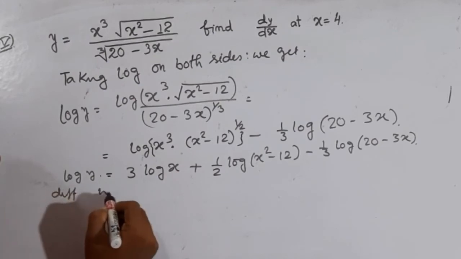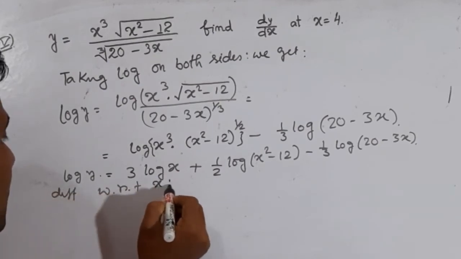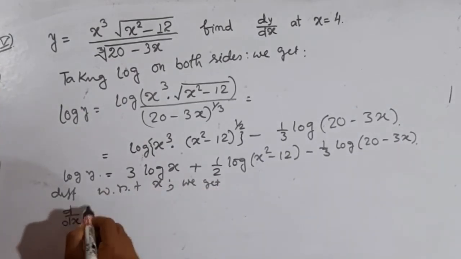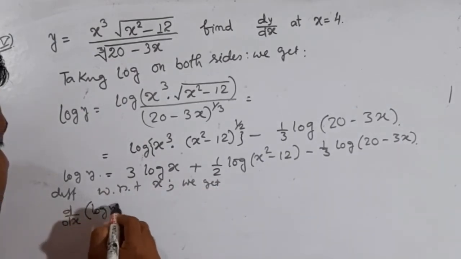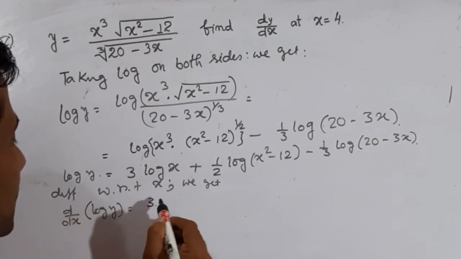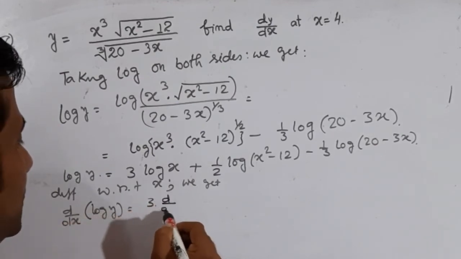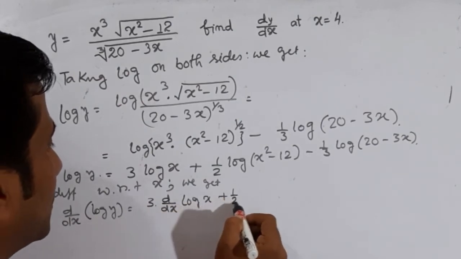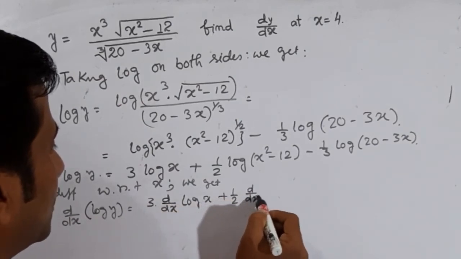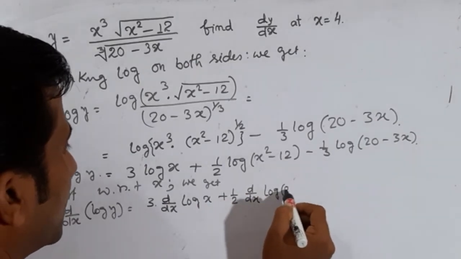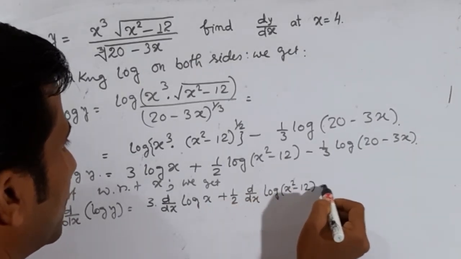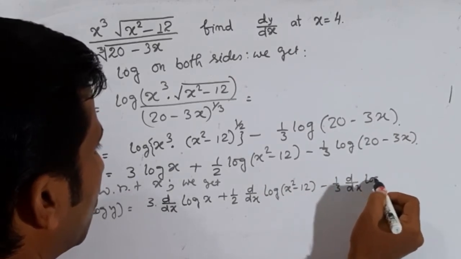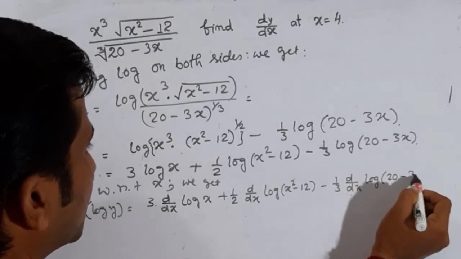That means differentiating with respect to x, we get d/dx of log y is equal to 3 into d/dx of log x plus half d/dx of log x square minus 12 minus 1/3 d/dx of log 20 minus 3x.